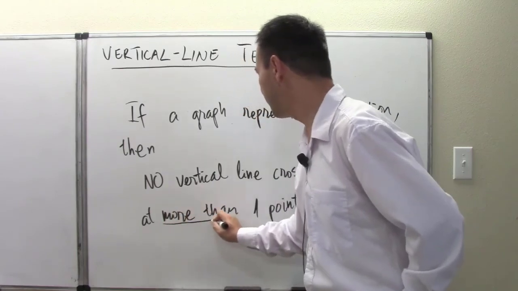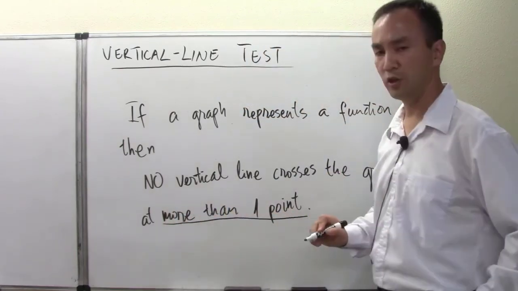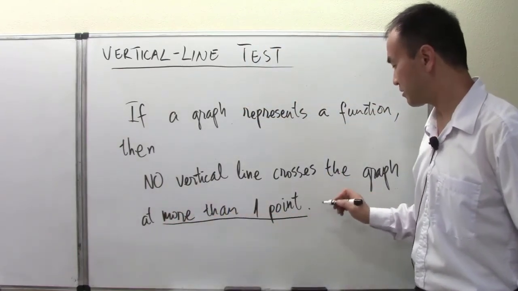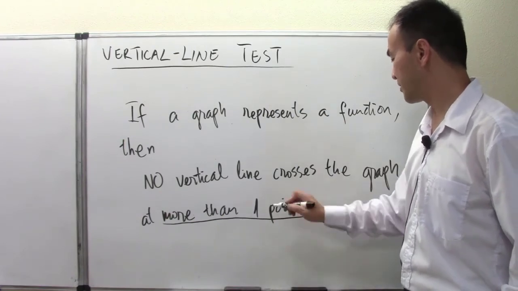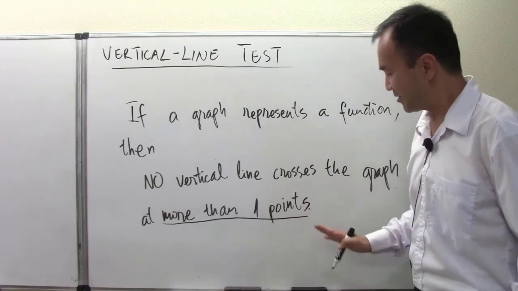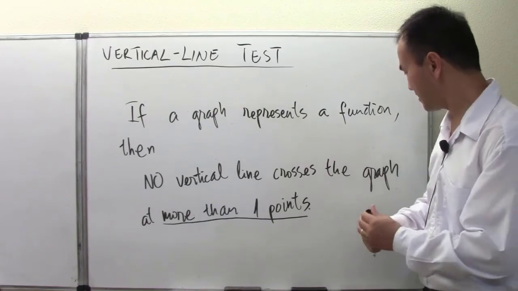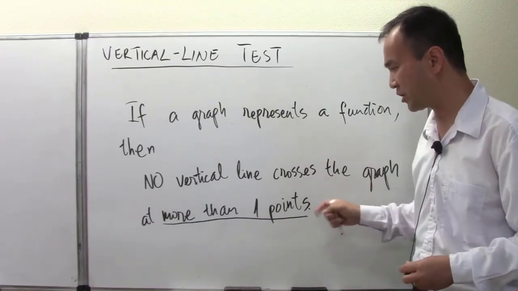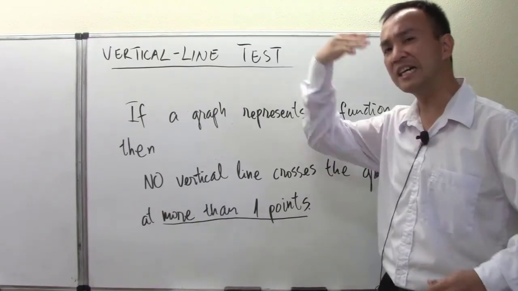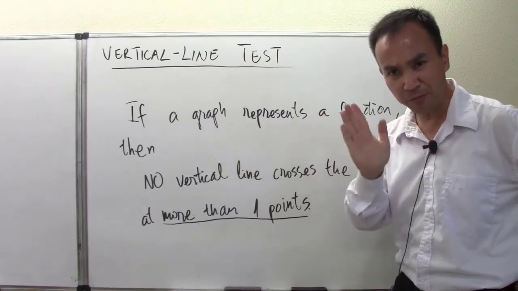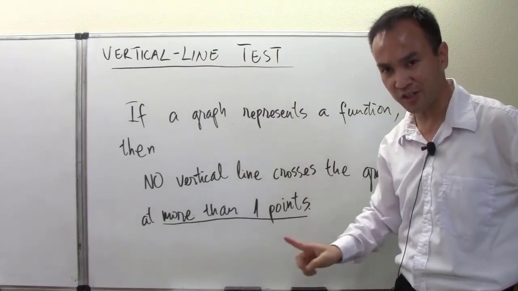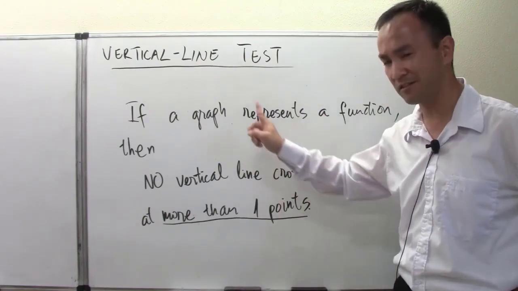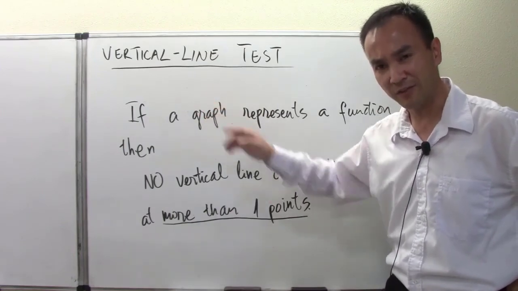All right, so no vertical line crosses the graph at more than 1 point. So think the other way around. If we spot a vertical line that crosses the graph at more than 1 point, then the graph cannot be the graph of a function.